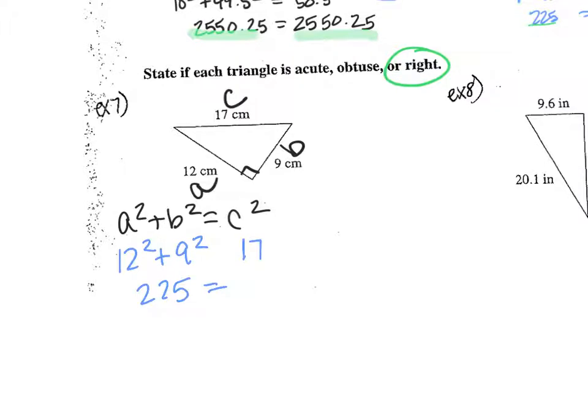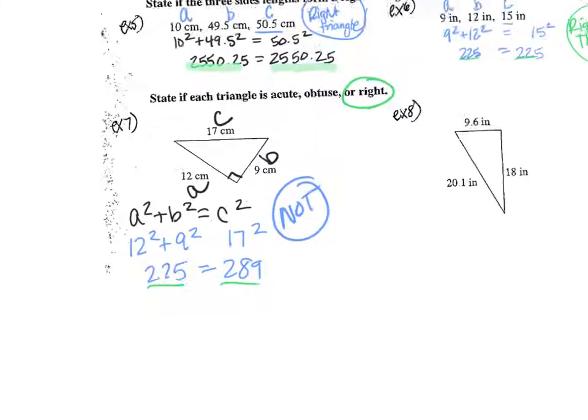And C squared, so 17 squared. Let's see what 17 squared is. Are these the same numbers? Nope. So it's not. I'm just going to put not.